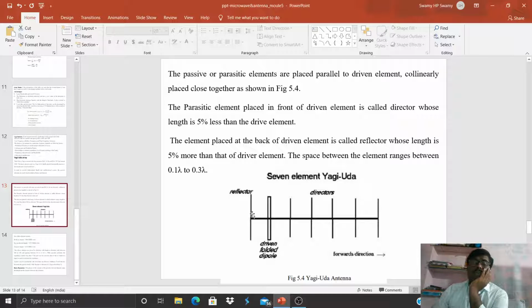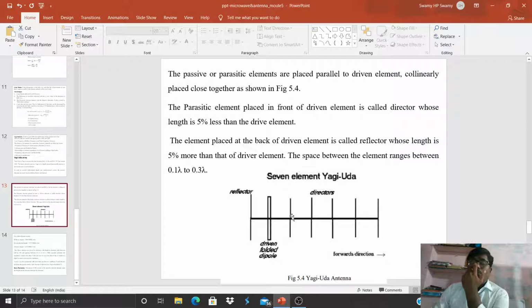This is the reflector, and these are all the others. Reflector length is 475 divided by frequency in megahertz. Driven element length is 450 divided by frequency in megahertz. And the remaining are directors, which are 455 divided by frequency in megahertz. So these are the directors.